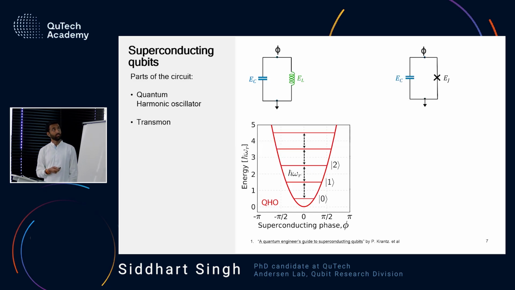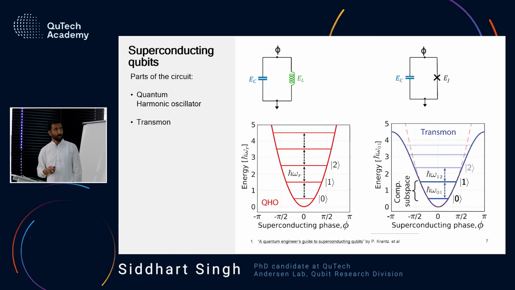So for this, we introduce a nonlinearity, and that is the idea of a transmon, where you put the junction in the circuit instead of the inductor, and the junction acts as a nonlinear inductor. What you get is a potential which looks similar to the quantum harmonic oscillator, but is slightly different in the sense that your energies are now not the same, but reduce as you go up in terms of energy levels.